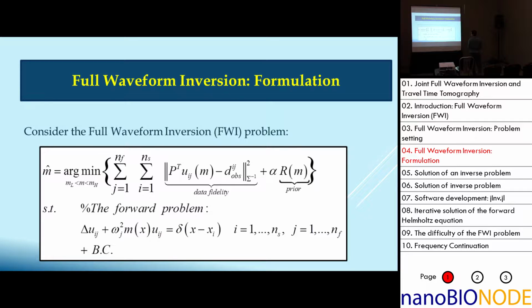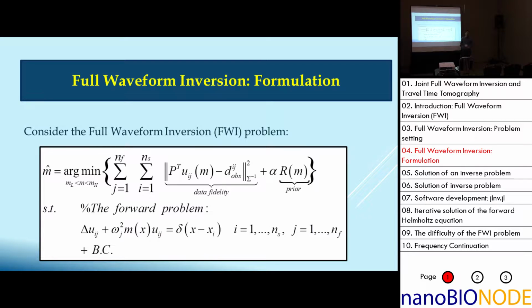Mathematically, we've got an inverse problem, a PDE constrained optimization. So we minimize for m over all frequencies and all sources. u is the waveform that is dependent on m. This is given by the solution of the Helmholtz equation for frequency j and source i at point m.